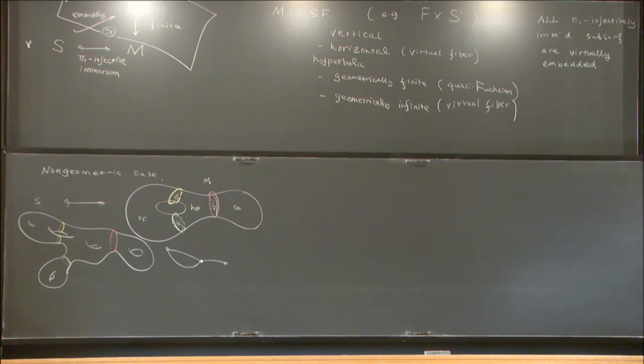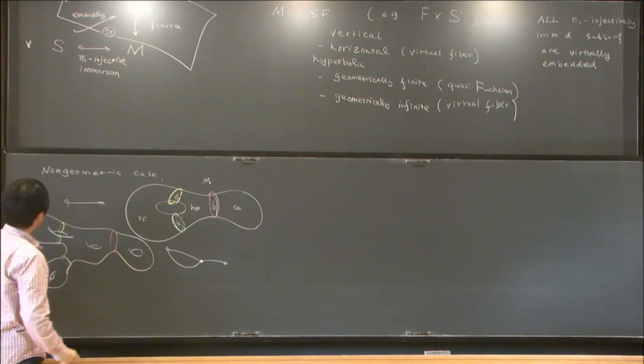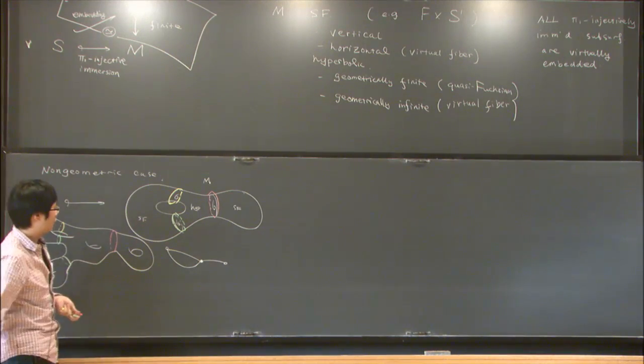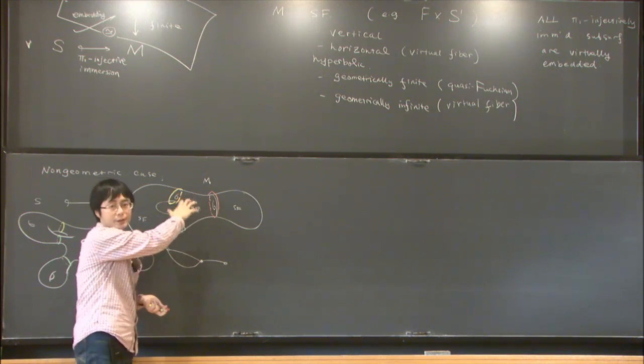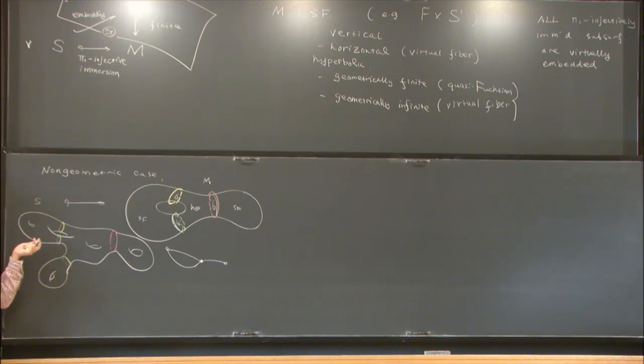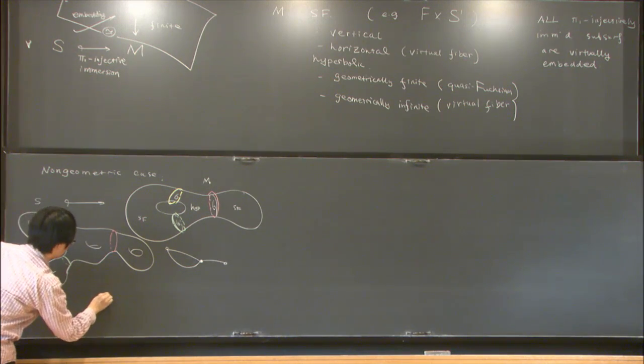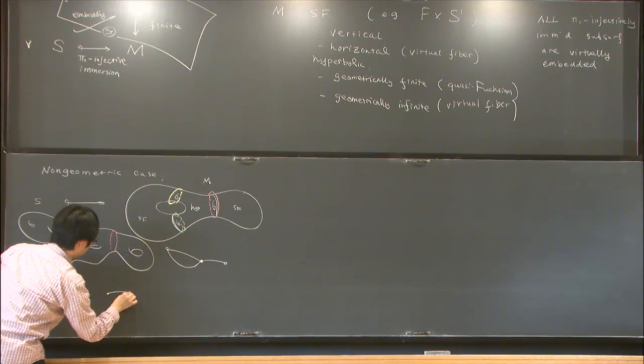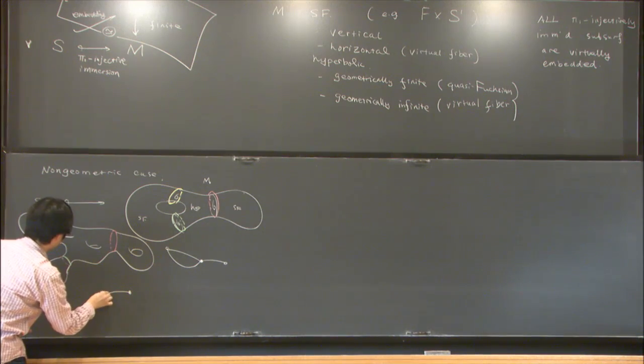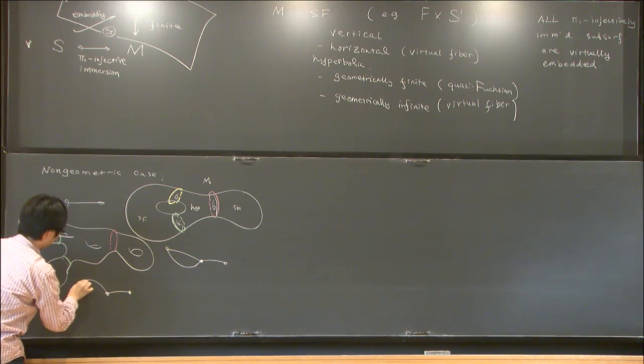So if I have an immersion of S together with a geometric decomposition inside M, I have an induced decomposition of the surface S. Then you can also try to draw this picture with vertices.